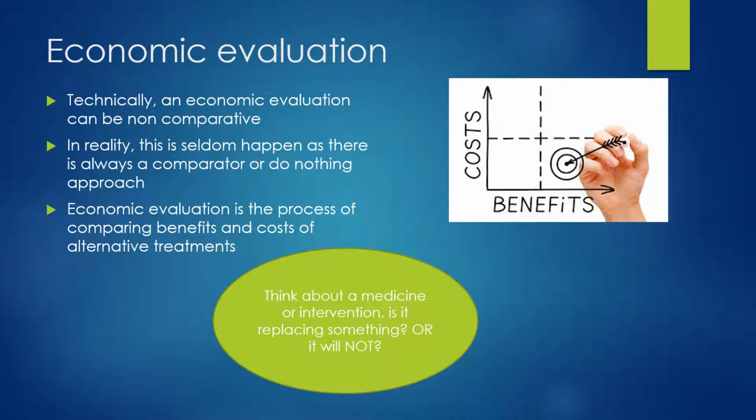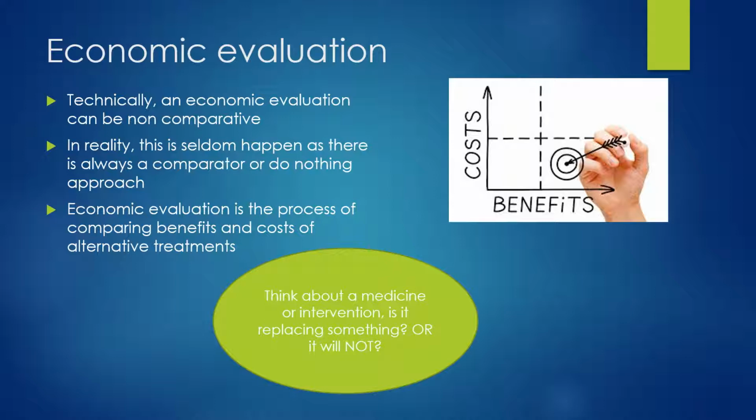So, at the end of your economic evaluation, in simplest terms, you should have a value showing that treatment A is that much effective per unit cost. So for each unit of cost, for each resource allocation, you are going to deliver some level of efficiency, some level of benefit.